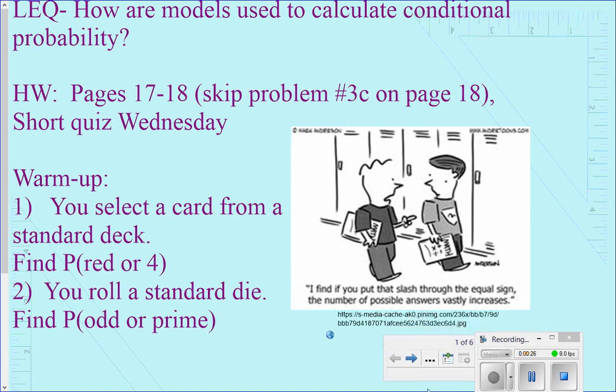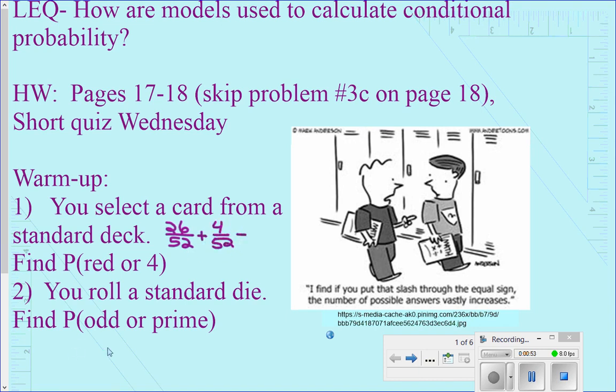Okay, so first one, selecting a card from a standard deck, probability of red or 4. Well, red and 4, those events are not mutually exclusive, so I'm going to have to add the two probabilities and then subtract the overlap. So red, that's 26 out of 52. And I'm going to add on the 4 4s.